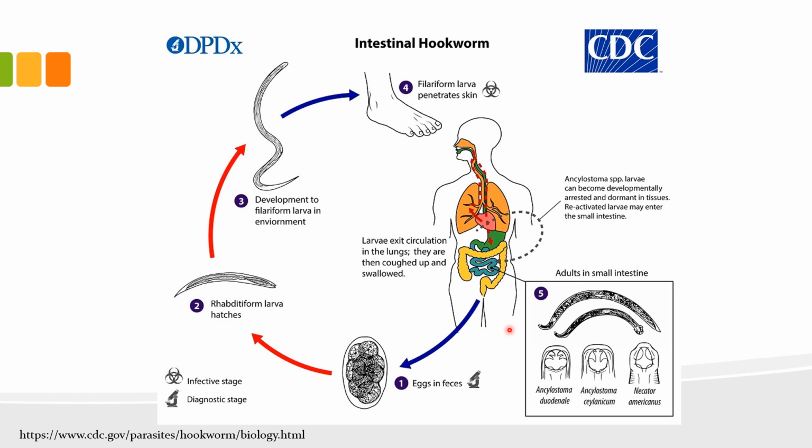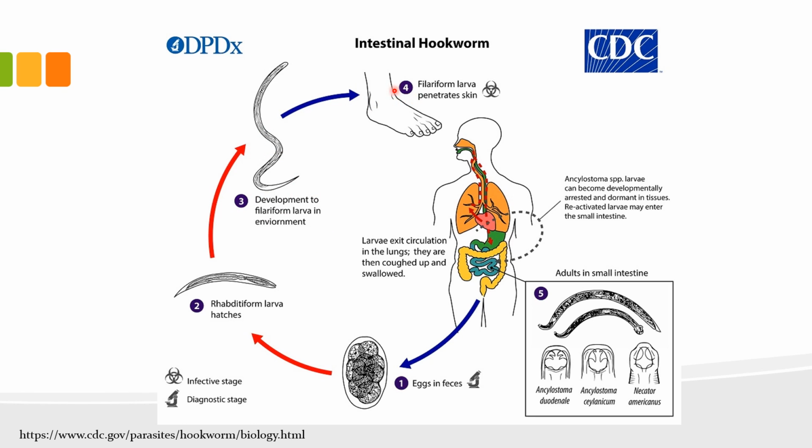Number 1 shows the eggs of the parasite that are present in the feces. The eggs later become the rhabditiform larva. The rhabditiform larva later develops into the filariform larva in the environment.